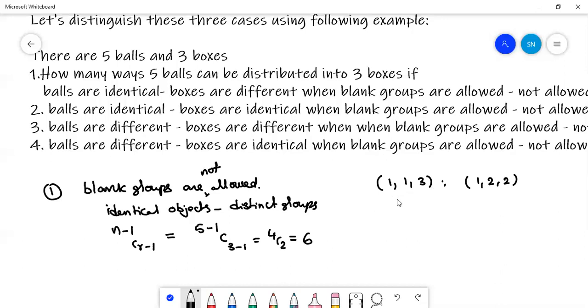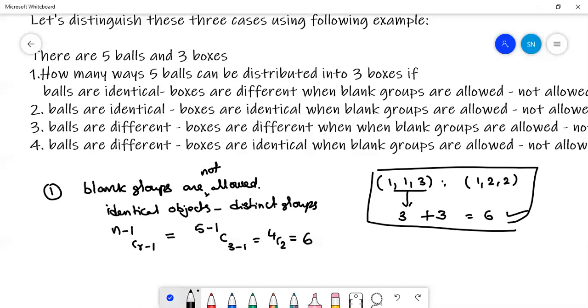That means this can be arranged into distinct groups in 3 factorial by 2 factorial ways, since 1 and 1 repeat. So then you can write 3 ways only, that is 1, 1, 3, 1, 3, 1, 3, 1, 1. Similarly, 1, 2, 2 can be arranged in three ways. So 3 plus 3 ways. This is how it is happening, 6.